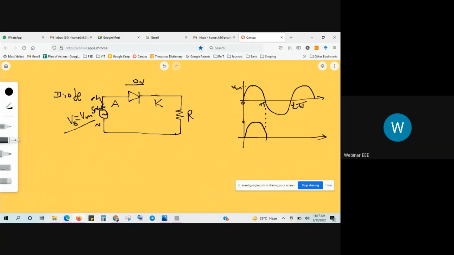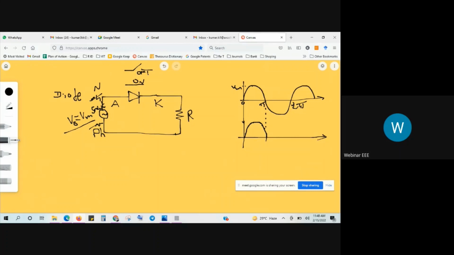During the half cycle, in the interval 0 to pi, we have positive supply, so P is positive and N is negative here. Then the negative half is pi to 2 pi. So this becomes neutral, this becomes phase. At this point neutral is connected to anode, so it is in open state, that is off state.